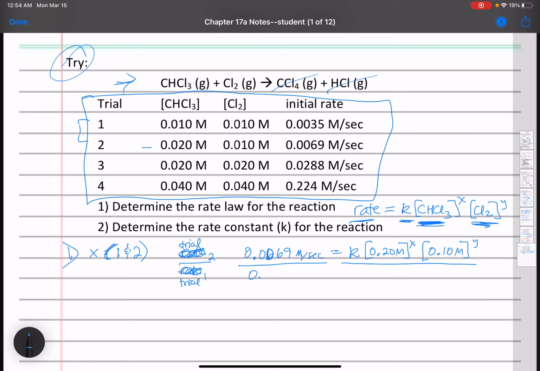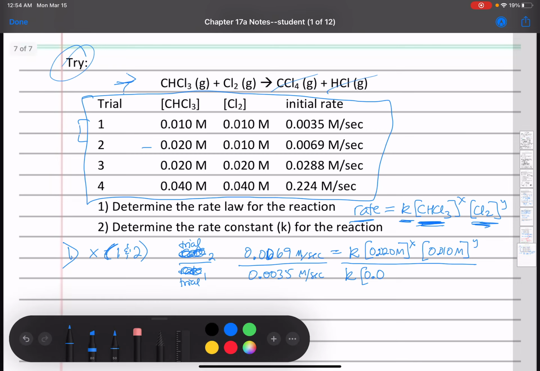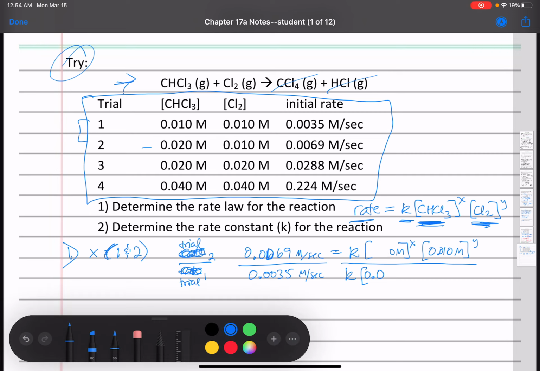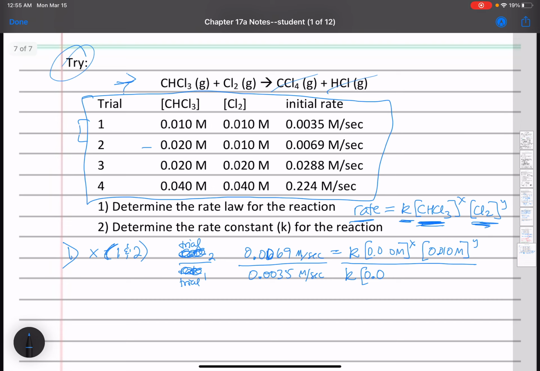Trial 1 had a rate of 0.0035, and the concentration of the CHCl3, I forgot a 0 here. I wrote these numbers wrong. It's 0.020. There we go.